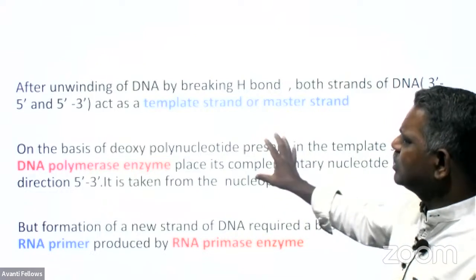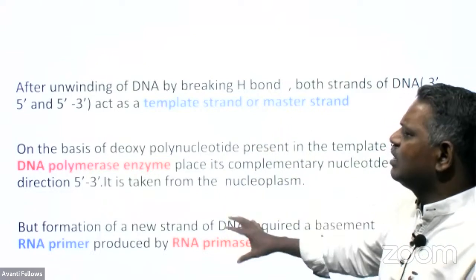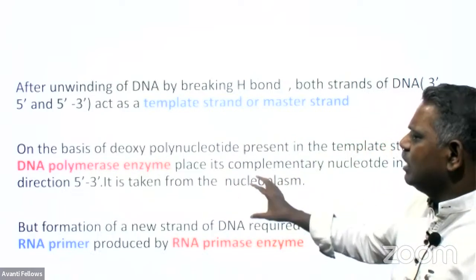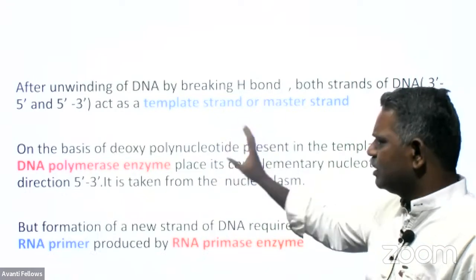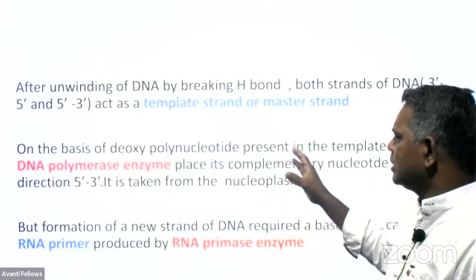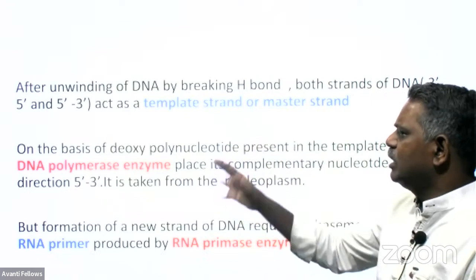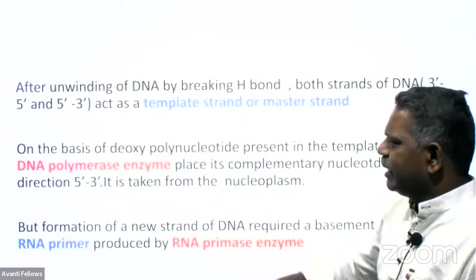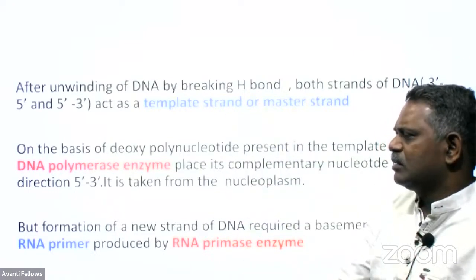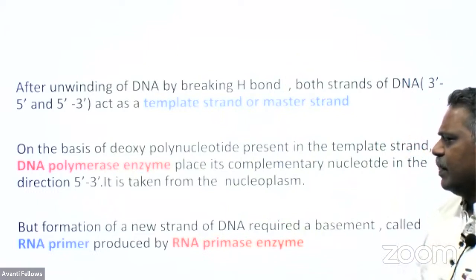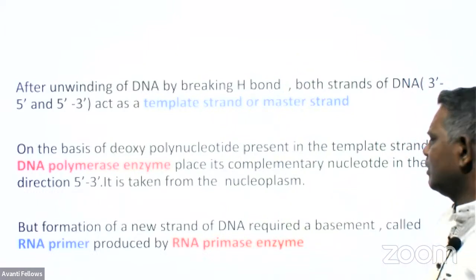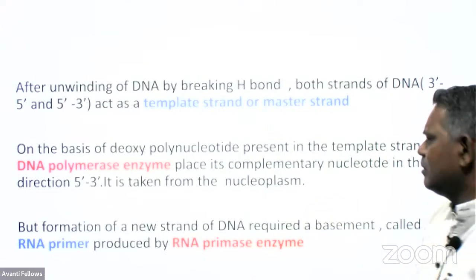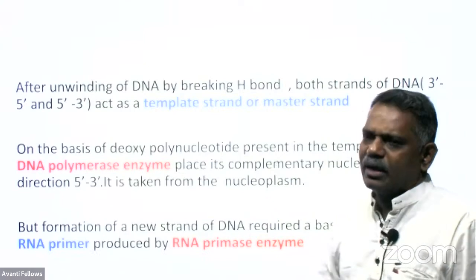See, all types of deoxynucleotides are there in the nucleoplasm, and according to the nucleotide present in the template, DNA polymerase will place the corresponding deoxynucleotides in the new strand, elongating in the 5' 3' direction only. But formation of the new strand of DNA requires a base that is called the RNA primer, and it is produced by RNA primase only.